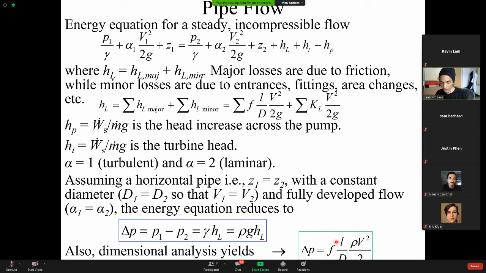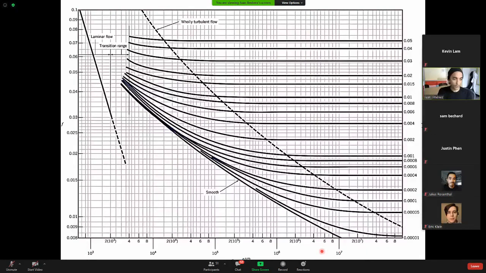But what was done many years ago is that these two were equated, and then we end up with our Moody chart. Let's quickly go through this just in case you haven't. The Moody chart comes from the friction factor. This comes from the Colebrook equation.